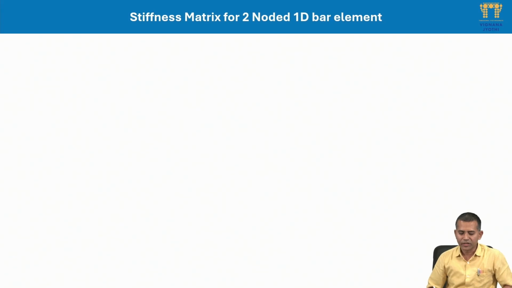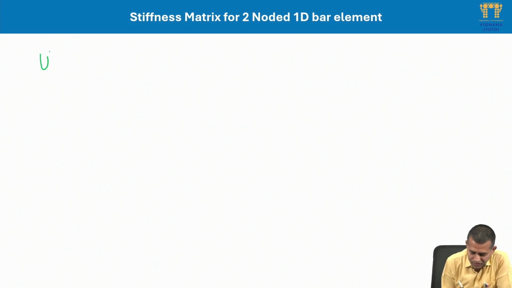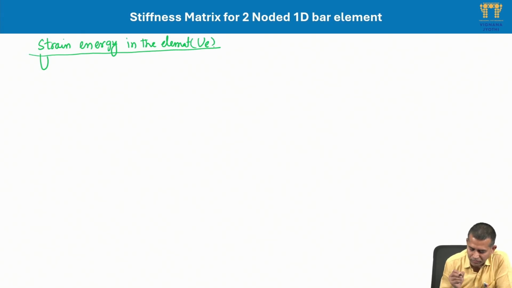So I'll write the strain energy in that element. So the strain energy is, let me take U, E, so I am writing this expression as UE.